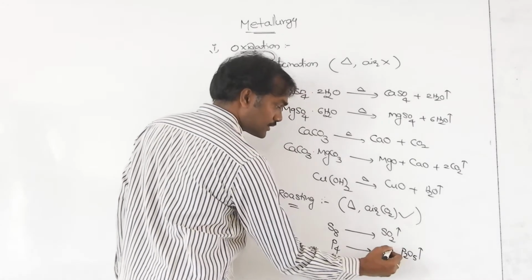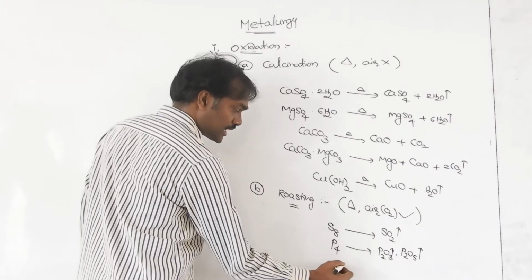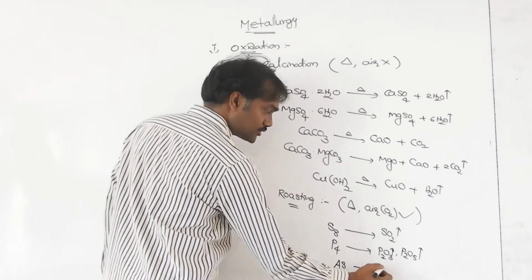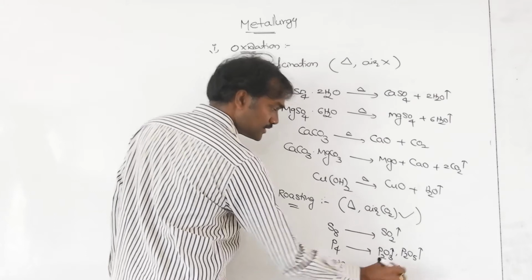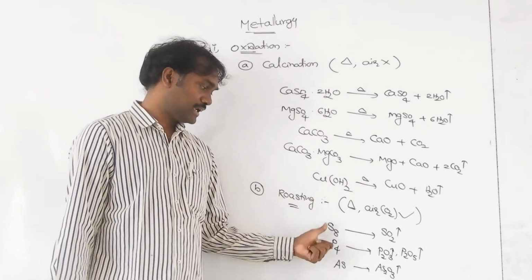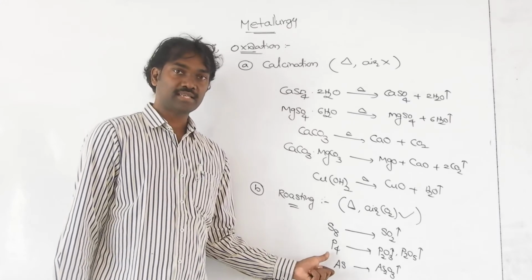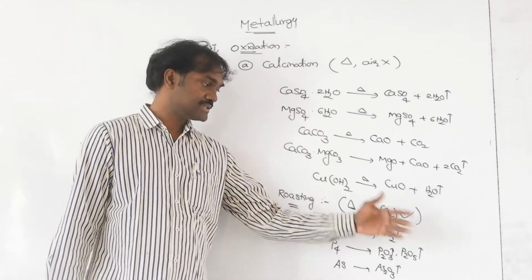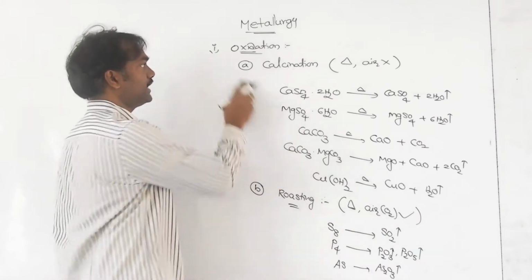Those gases go outside. Suppose arsenic is there, so arsenic oxides. So the non-metallic volatile impurities are easily oxidized and they go outside.